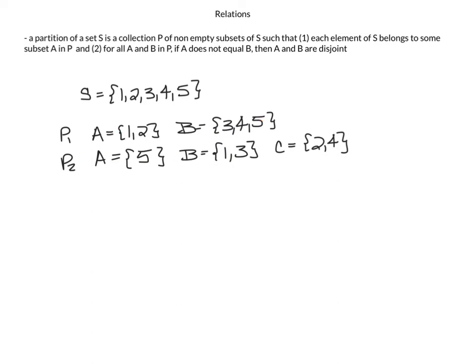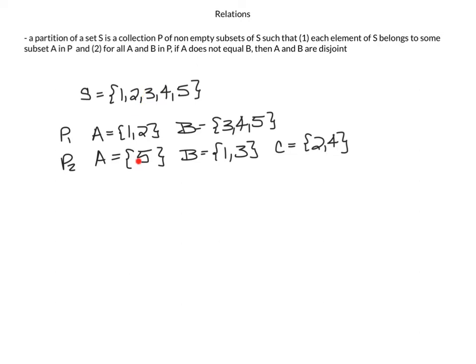So essentially what a partition does is it separates S into subsets such that everything in S goes into one of the subsets, and the subsets are disjoint. It's kind of like what it sounds like, right? It's a partition. So here my partition P1 looks like I've divided S into this subset and this subset.